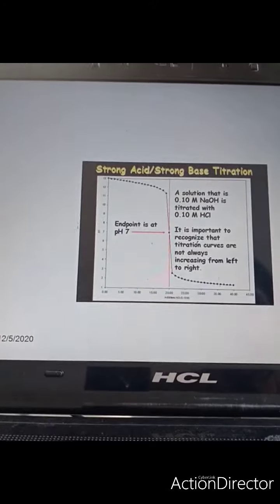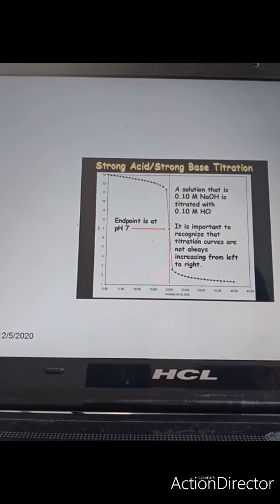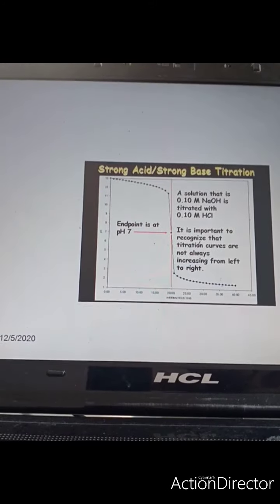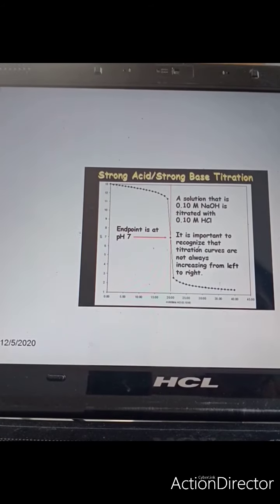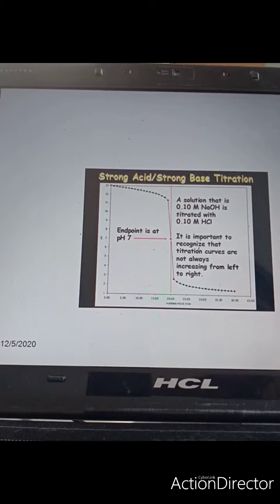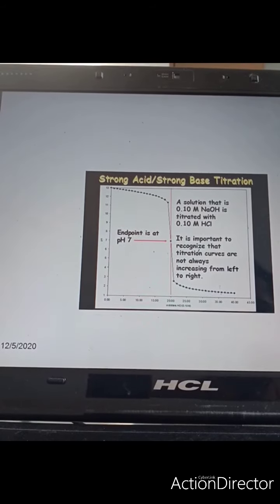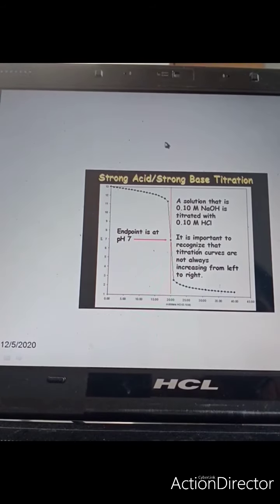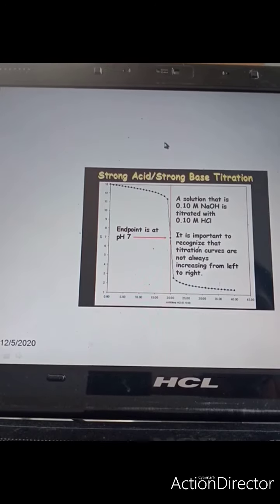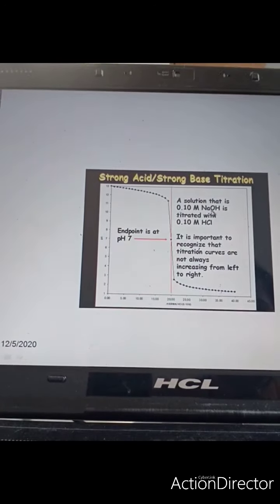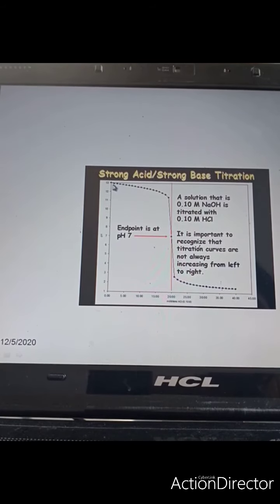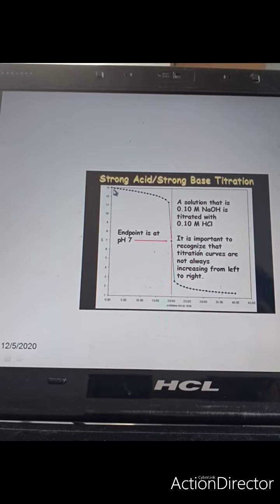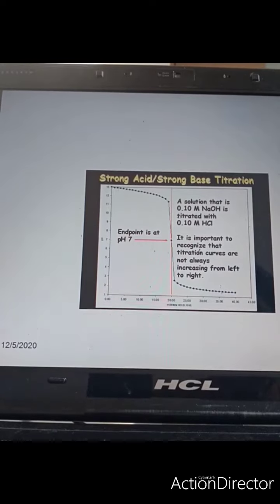This is another graph of a strong acid-base titration. In the previous graph, in which we took HCl in the conical flask, the titration is known as acidimetry, because you have to find the unknown concentration of acid. In this case, you take NaOH in the conical flask and HCl in the burette. Since NaOH is a strong base, you get a pH near 13.